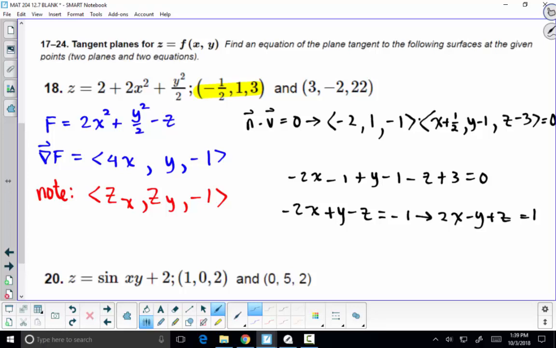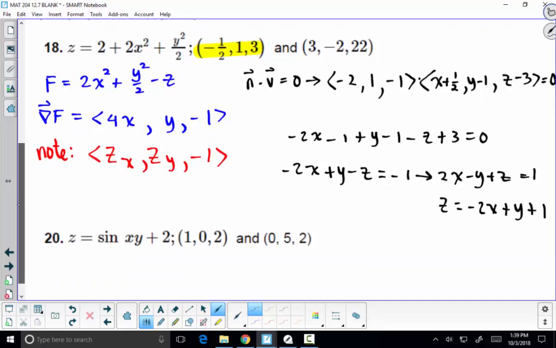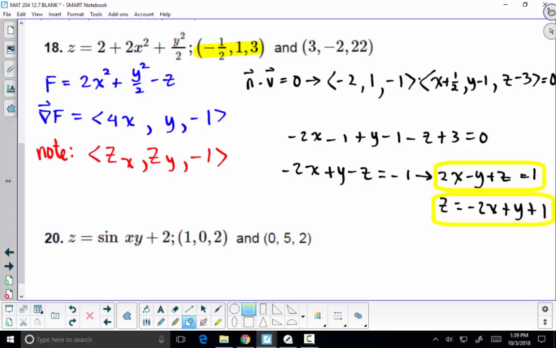Now, they gave us the original surface explicitly. So in my math lab, they may say, oh, write your tangent plane explicitly. So if they say that, you would write it that way. So either way, on a test, it does not matter. They are both the same plane. Either way.